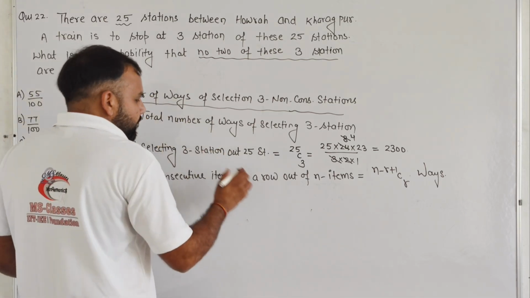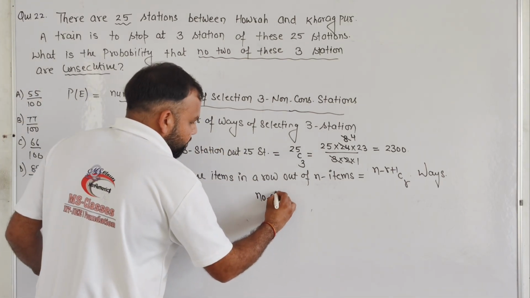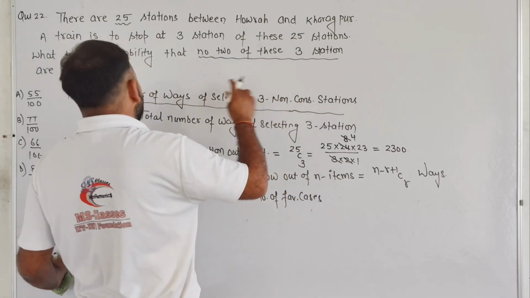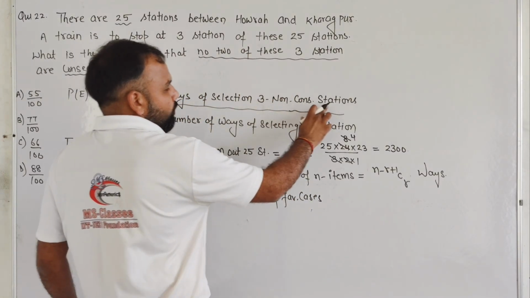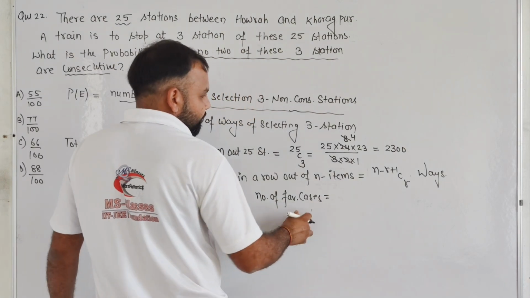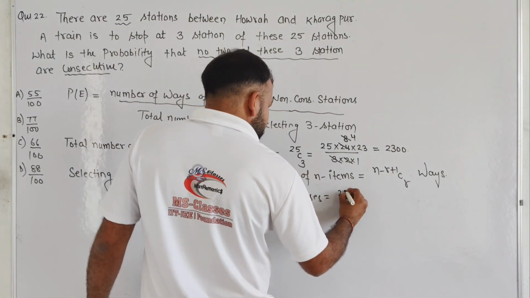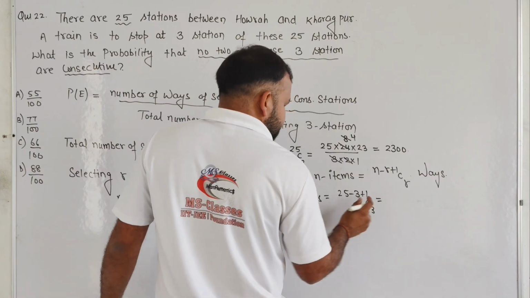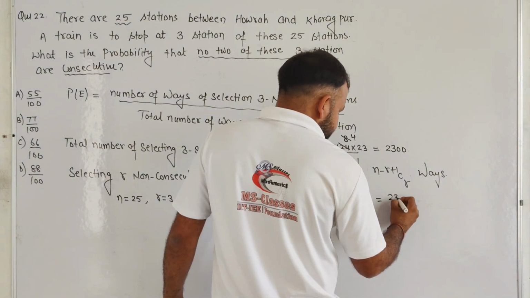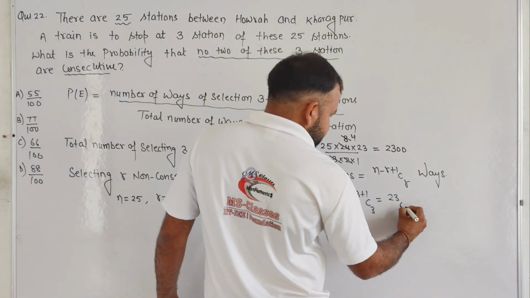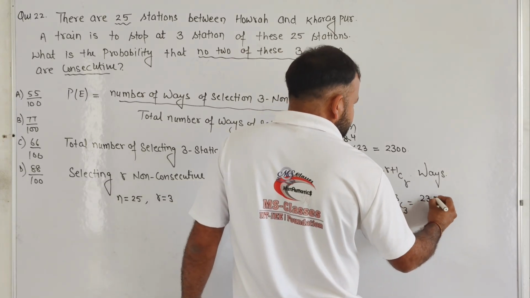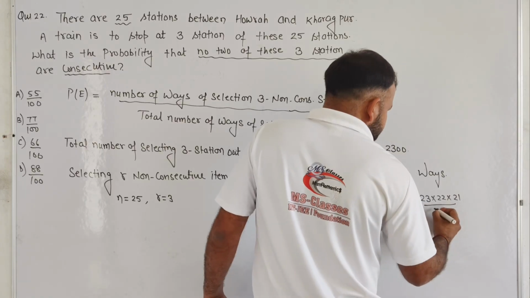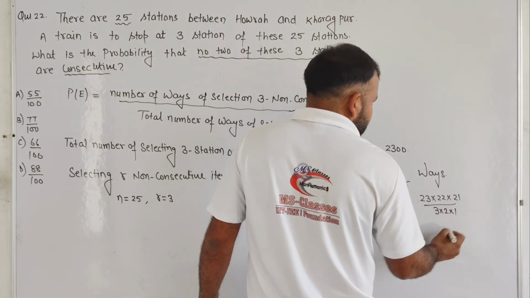So the number of favorable cases, the number of ways of selecting 3 non-consecutive stations out of 25, is 25 minus 3 plus 1 C3, which is 23C3, and it can be written as 23 into 22 into 21 divided by 3 into 2 into 1.